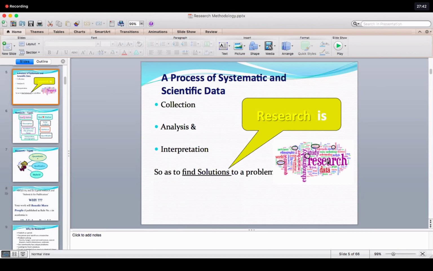I'll be talking a little about the differences between quantitative and qualitative research. Qualitative research doesn't really focus on numbers. Quantitative research is anything that is quantifiable. We are interested in quantifying everything we collect in terms of numbers.